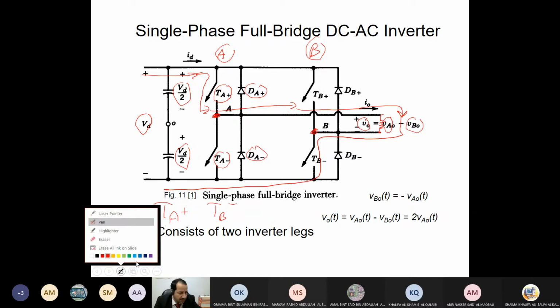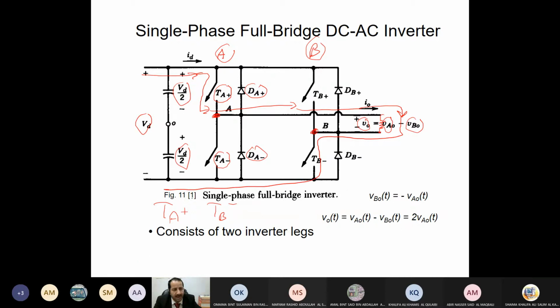Now if I switch TB positive and TA negative, the current will flow through this switch and back to the supply.